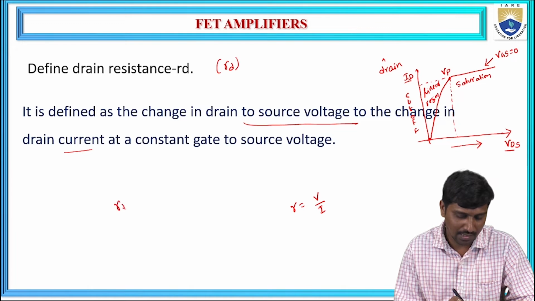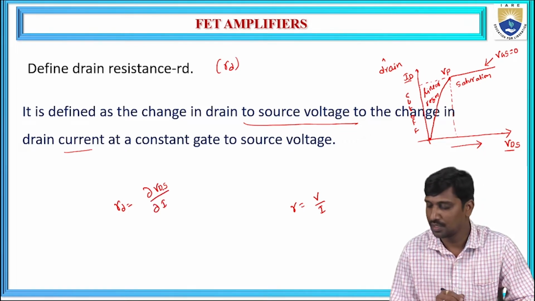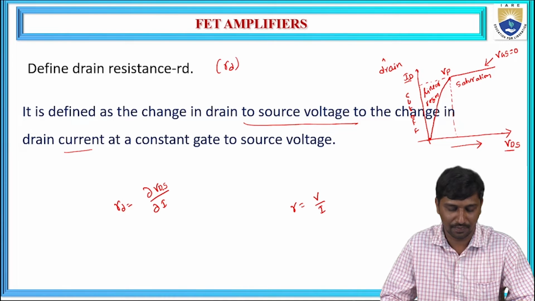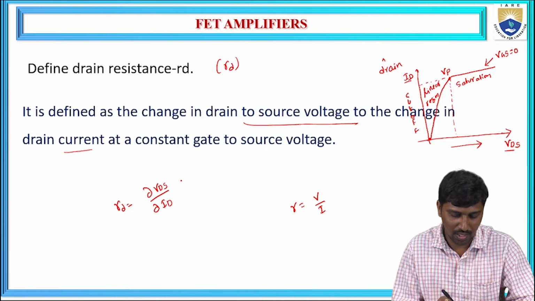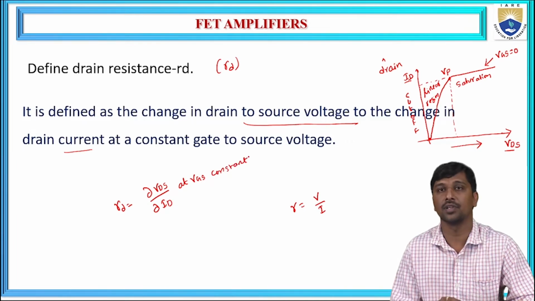Hence RD is defined as the rate of change of drain to source voltage with respect to the rate of change of drain current, represented as dou VDS by dou ID at VGS constant.